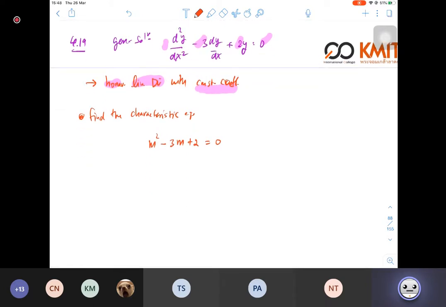Now what are the roots, or what are the values for m in this case?